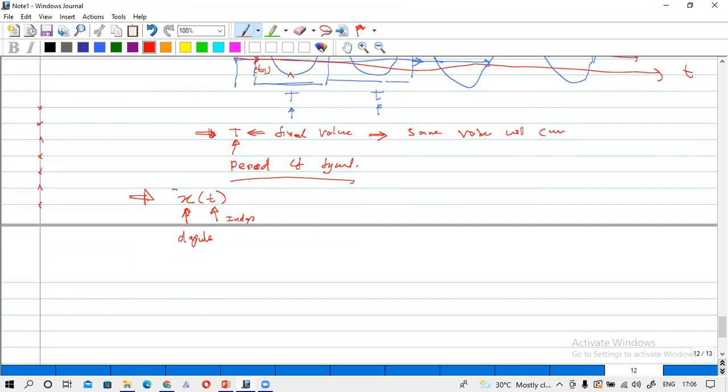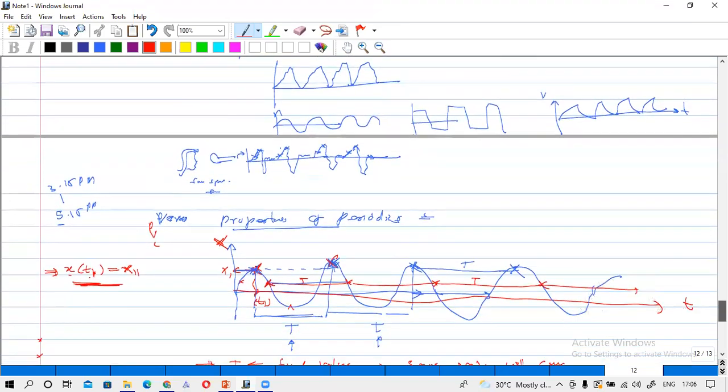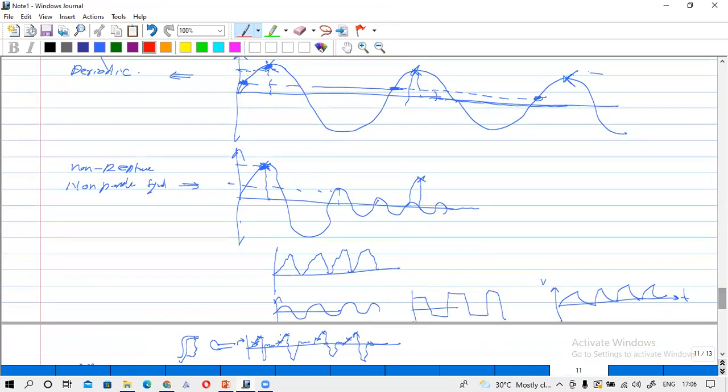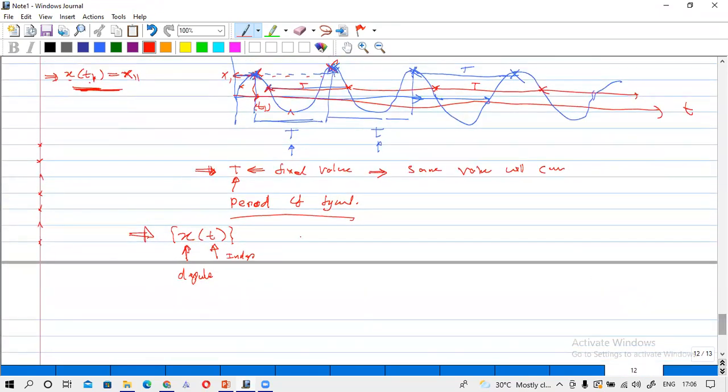So this is the general representation for this whole function. This t can be any time value.